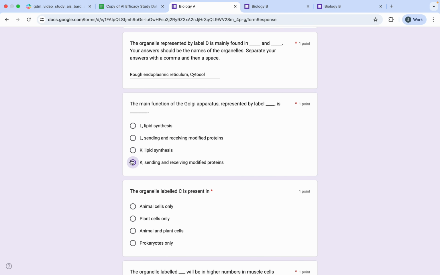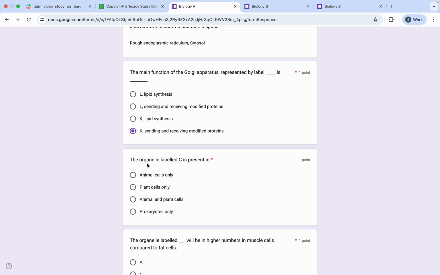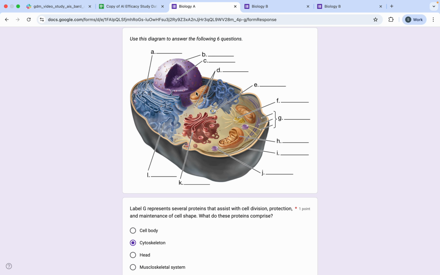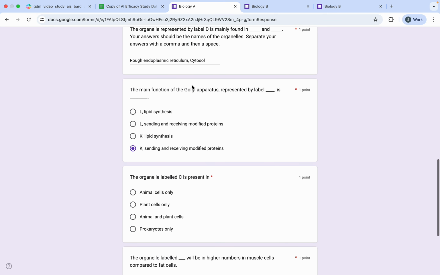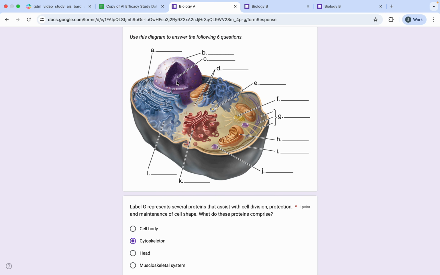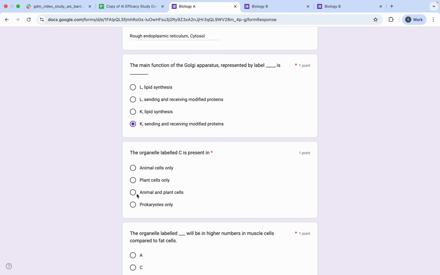So I think option D is the correct answer. The organelle label C is this, right? So it is present in both animal cell and plant cell.